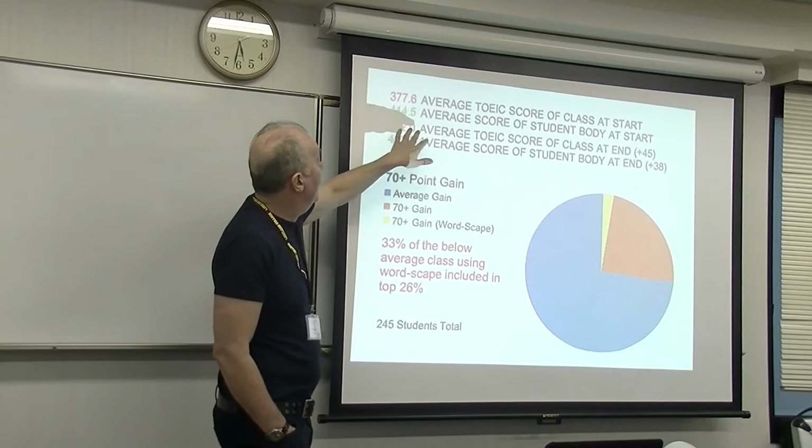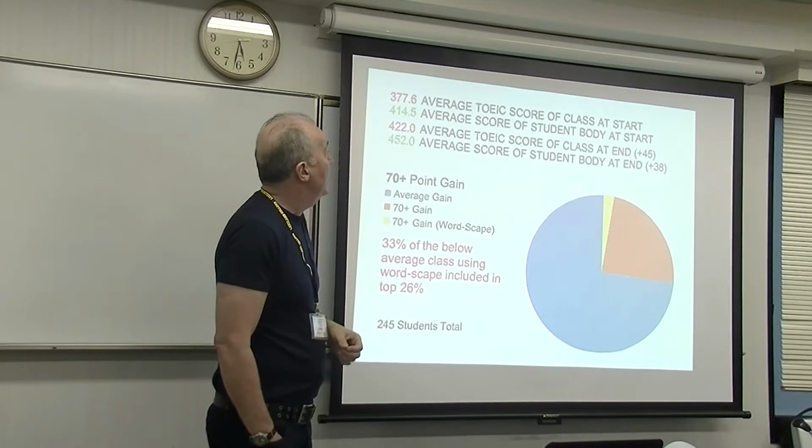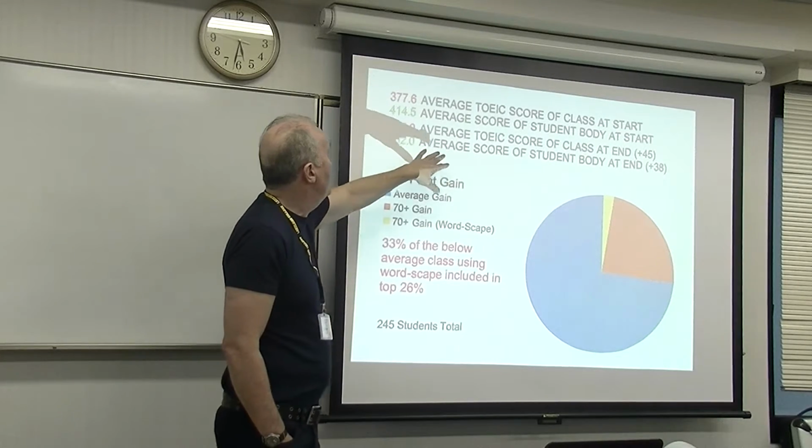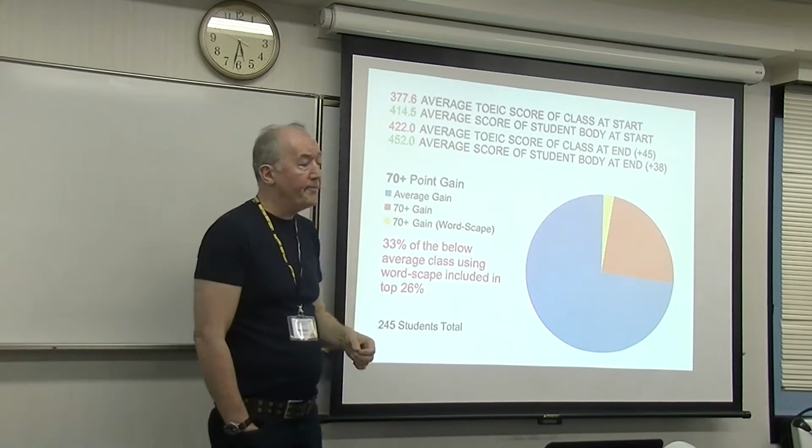But at the end of the term, they gained 45 points on average, whereas the average gain for the student body was 38.